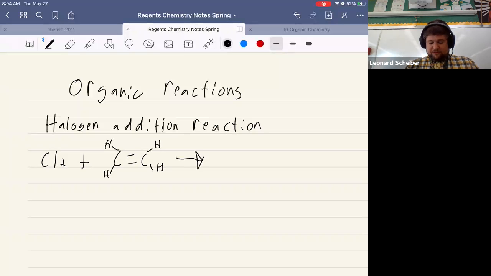Literally what's going to happen is that the double bond is going to be broken up, and we're going to create this halocarbon.